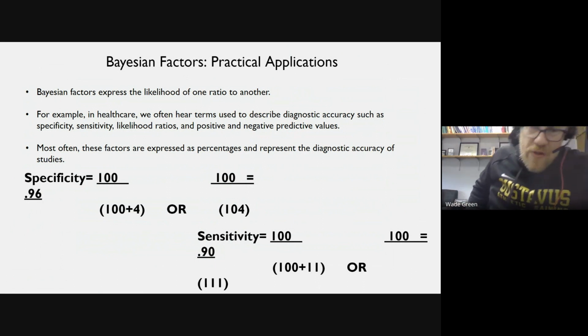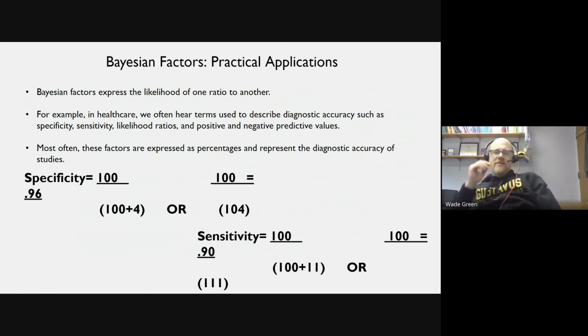We will define these later more in depth, but specificity is the likelihood of obtaining a true result in someone who is healthy and who does not have a disease or condition of interest. Whereas sensitivity is essentially the ability of a test to determine the presence of a disease or condition, or be positive in someone who really does have the disease or condition of interest.